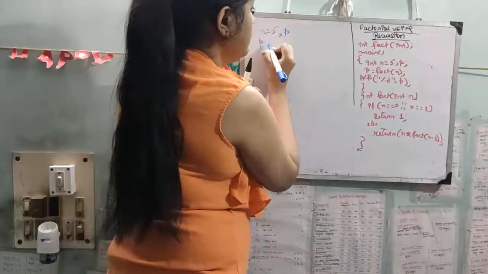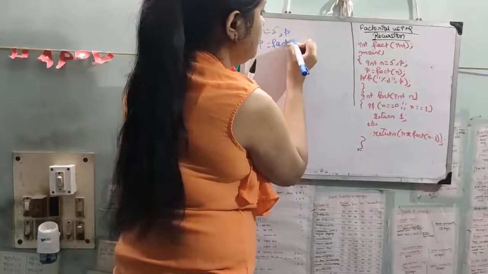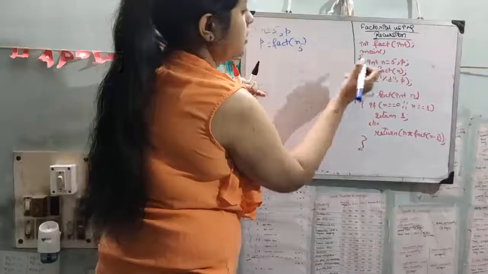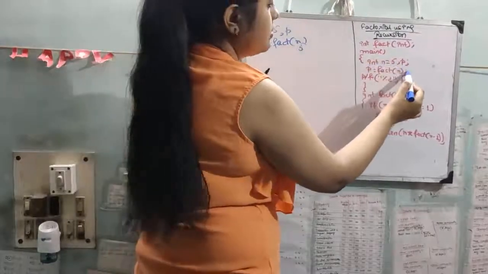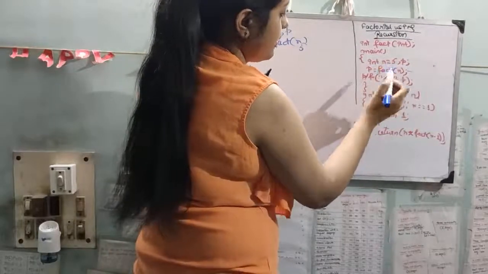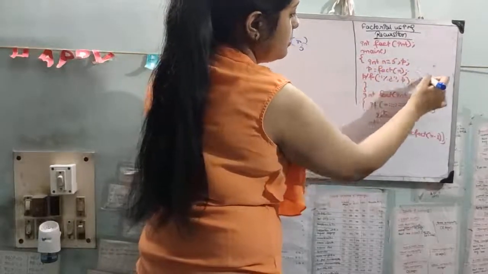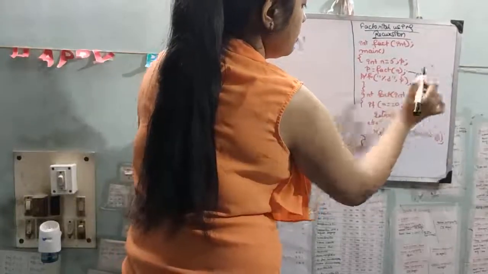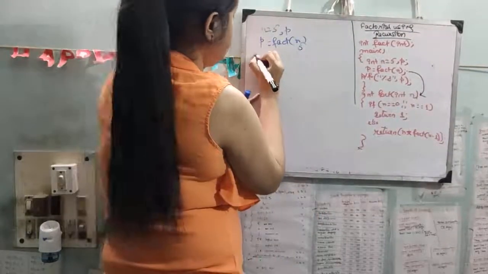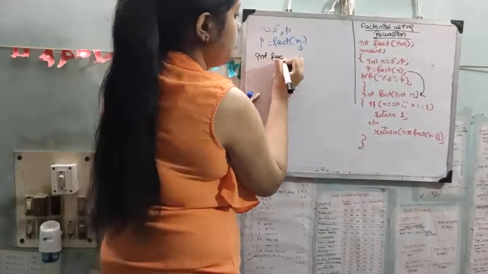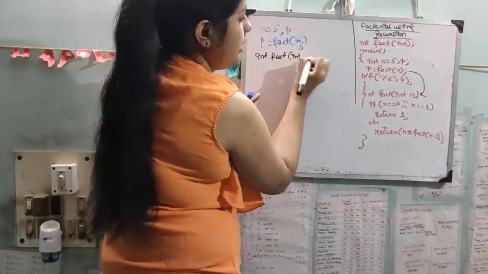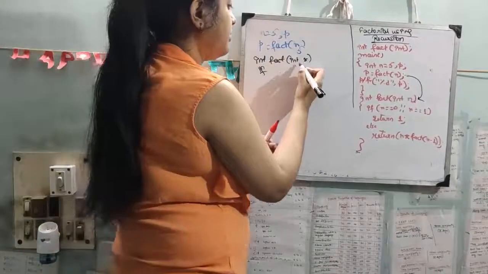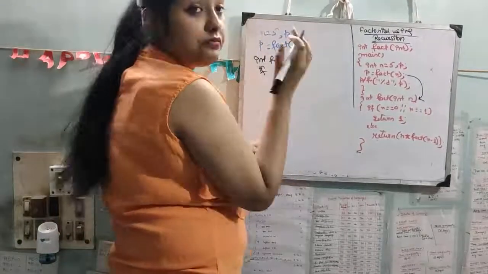P is calling fact, fact of n. Here n is 5. So it is calling the function fact. So here the control is coming from here to here. So now int fact, int n.